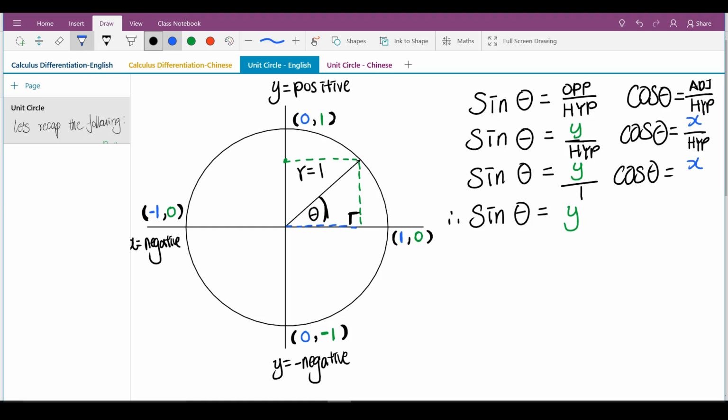It's just x over 1. And there you go. Therefore, cos theta is equal to x. So cos of any angle gives you the x-coordinate on the Cartesian plane.